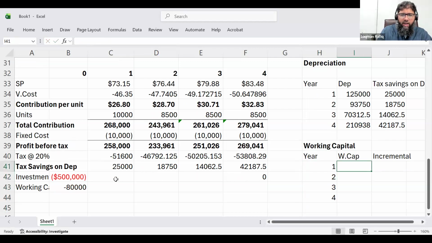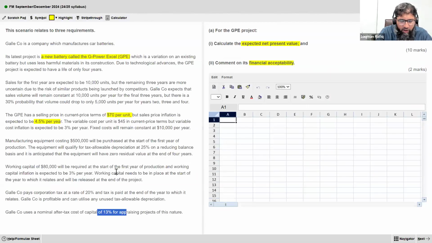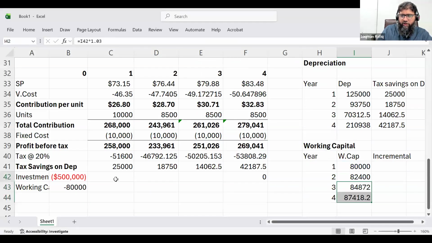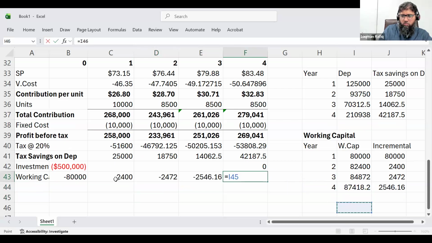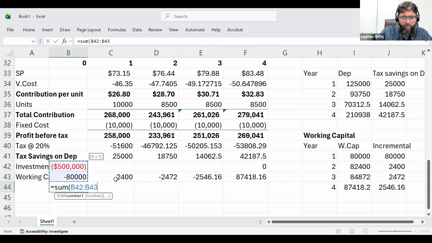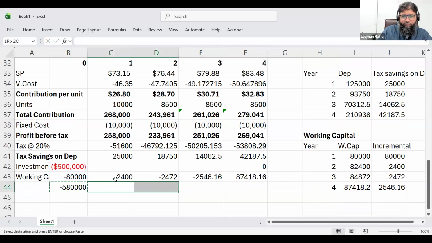So the working capital is going to be 80,000 here. And then this working capital is going to increase by 3%. So the incremental is going to be this minus this. So resultingly, we have this.